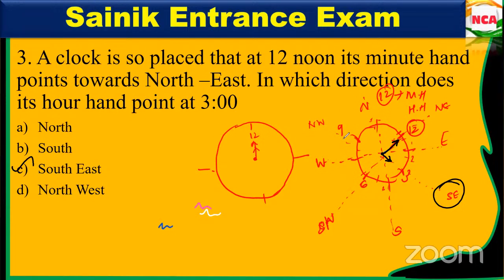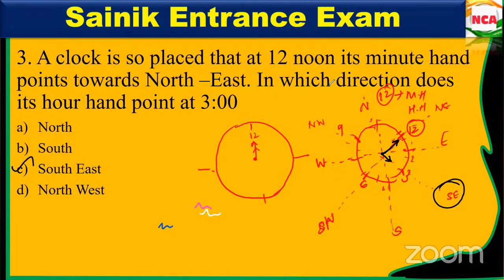Let me repeat that. Those who don't understand, observe this carefully. Usually at 12 o'clock, 12 noon, the hour hand and the minute hand will be together, one above the other in the same direction.